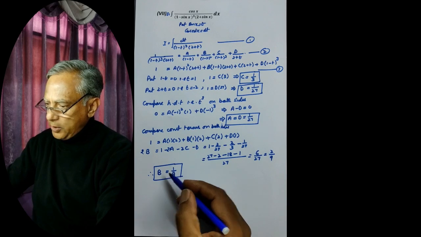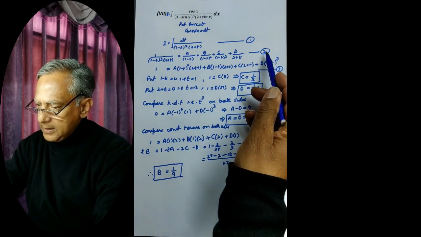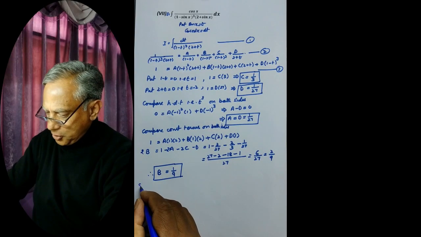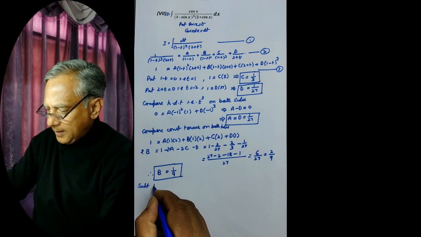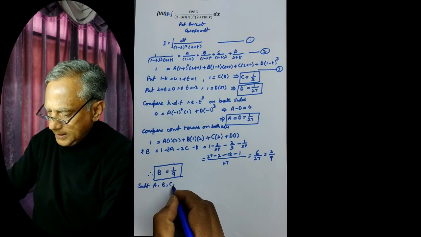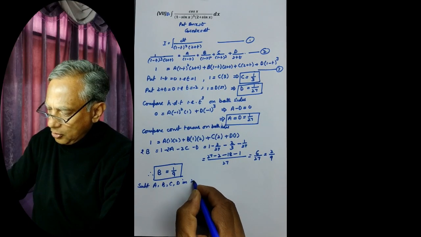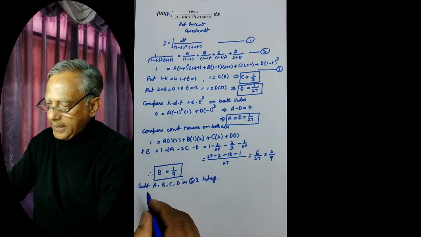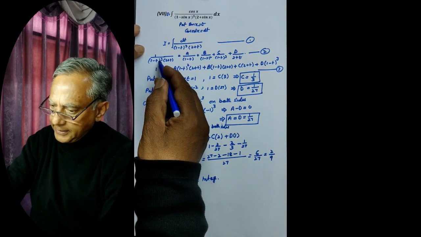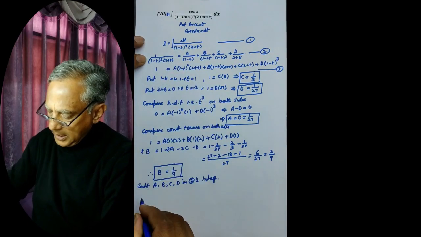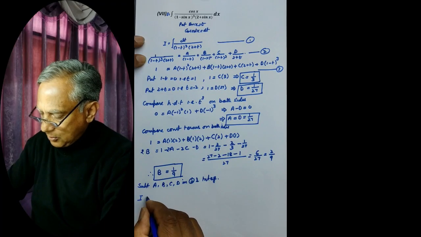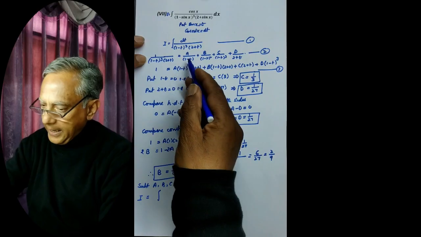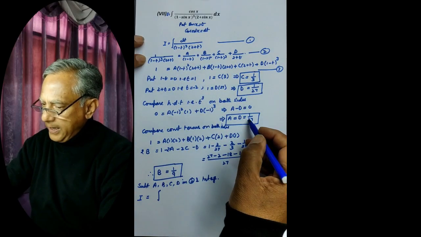Now we substitute a, b, c, d in 2 and integrate. Substituting a, b, c, d in 2 and integrating. What we get is, on integrating this, we will have I. So I is equal to integral, now a. How much is a? A is 1 by 27.